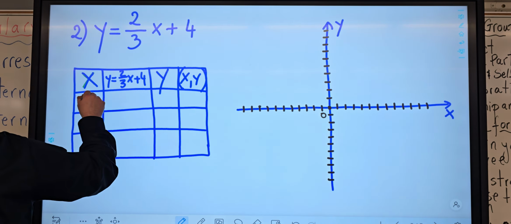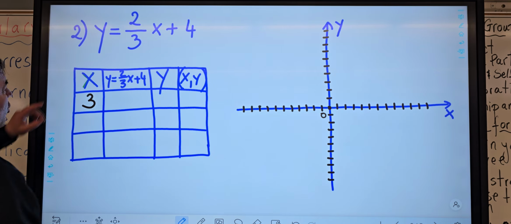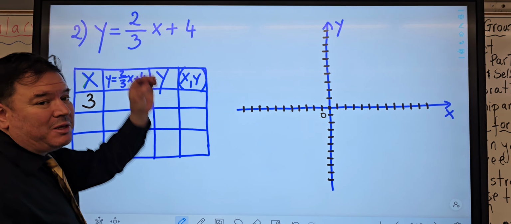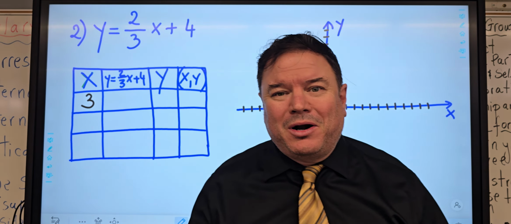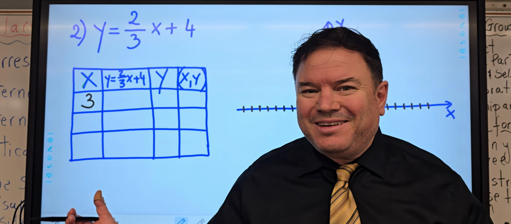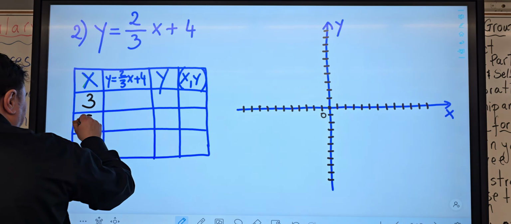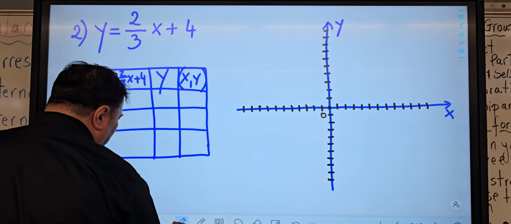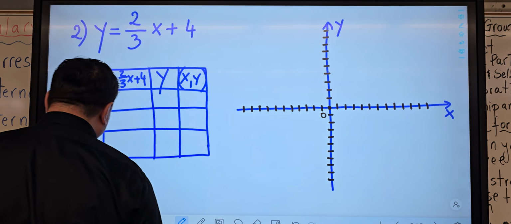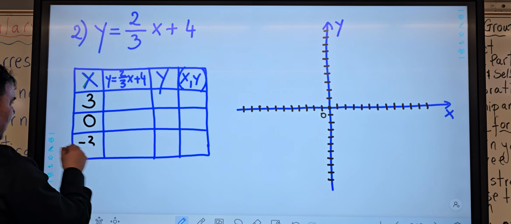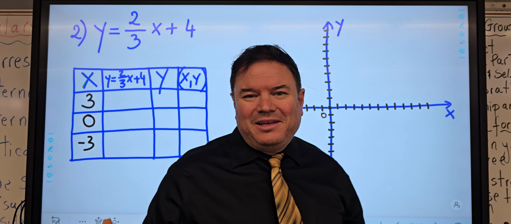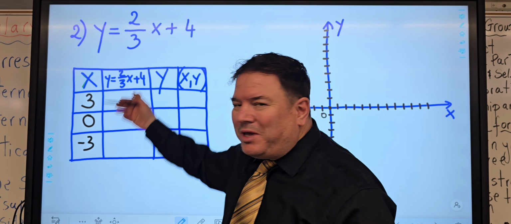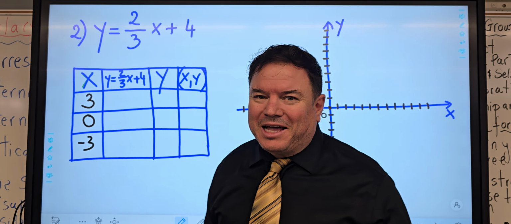So 3 would be a good number. Also, 0 would be a good number because remember, 0 times any number, including fractions, is still 0. So 0 is a good number again. And we also can choose negative 3. Let's choose a negative number in this case because negative 3 will also simplify, cancel that 3.